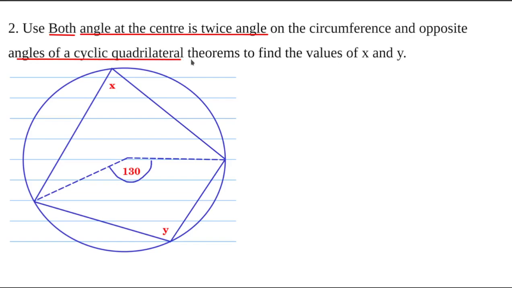You must use both of them to find the values of x and y. Now let's check x and y. These are opposite, so the sum of these two should give us 180 degrees.